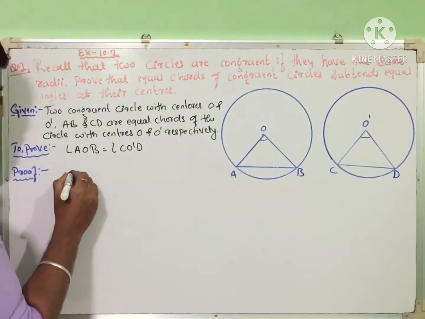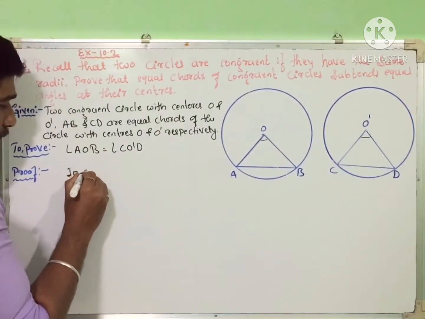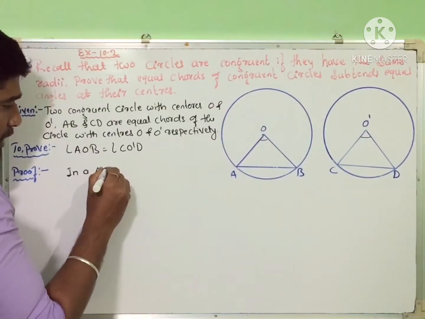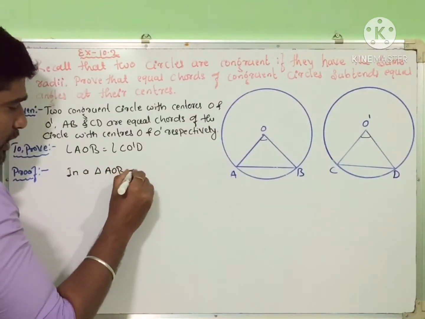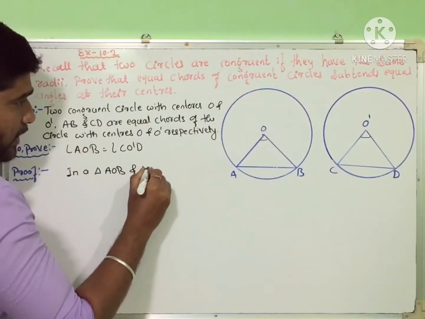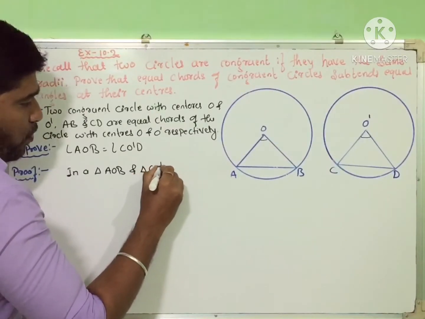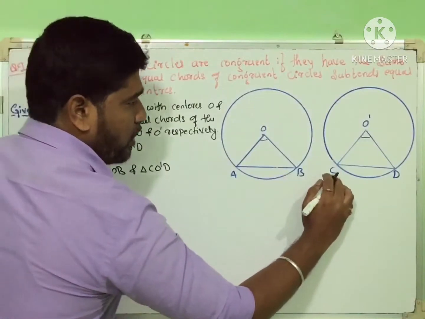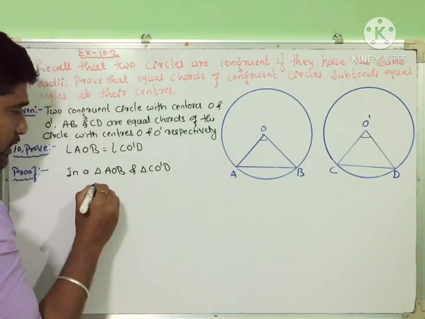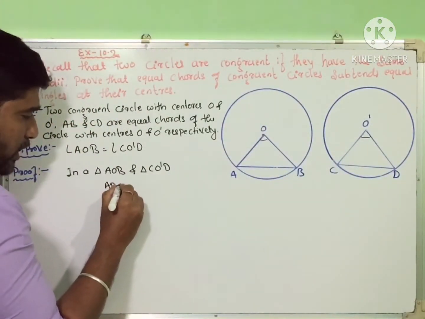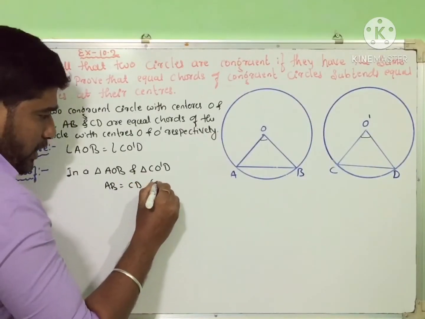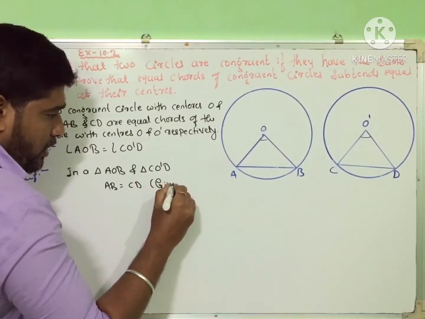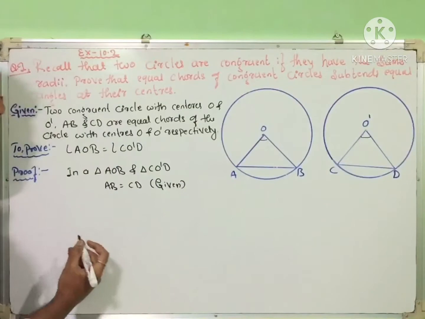So proof. In triangle AOB and triangle CO dash D. So in these two triangles AB is equal to CD, they only given AB is equal to CD, given, right?